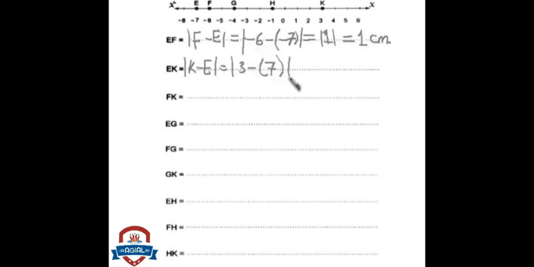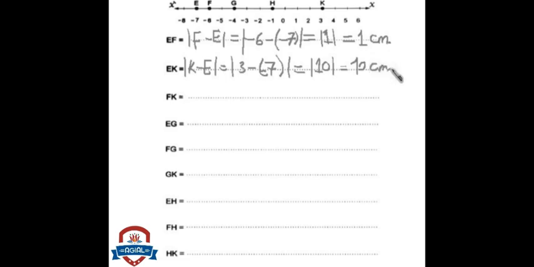The absolute value of 3 minus -7 equals the absolute value of 3 plus 7. 3 plus 7 equals the absolute value of 10. And the absolute value of 10 equals 10 centimeters.